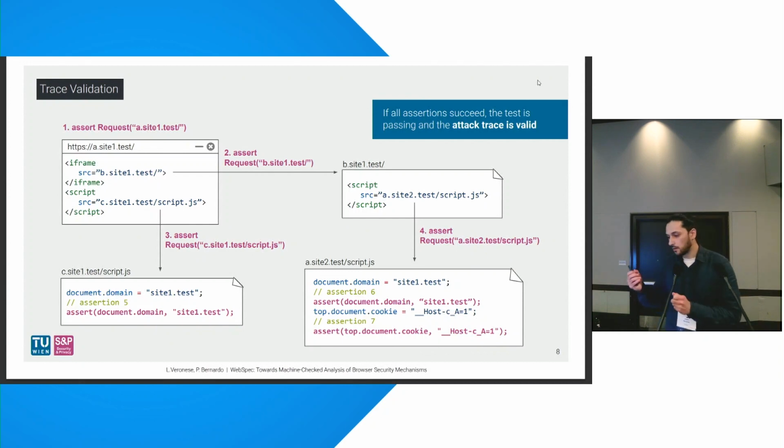For each API call, we generate an assertion that checks that the document.domain property in this case was set successfully. And finally, the script inside the iframe sets the host prefix cookie on the top level. And if this last assertion succeeds, then we successfully violated the invariant in the browser.